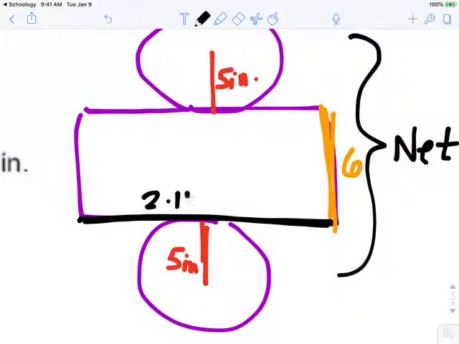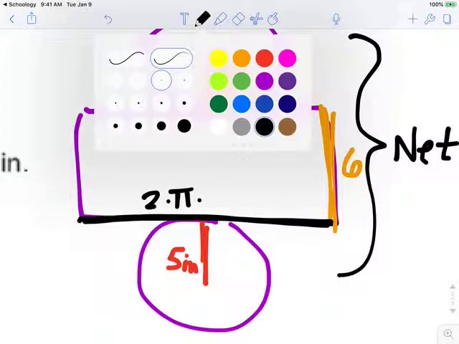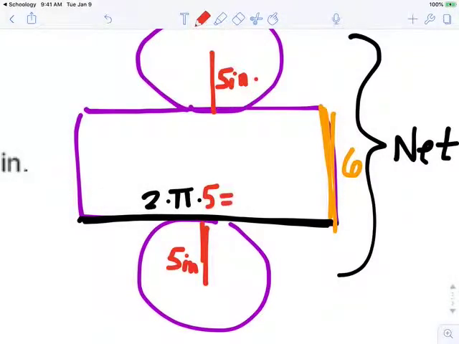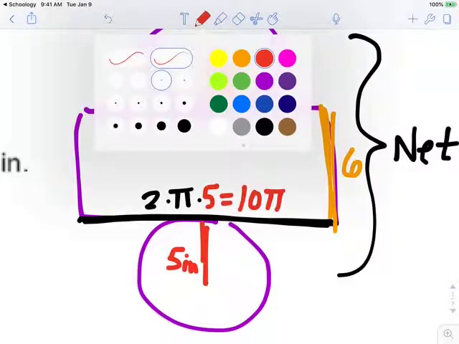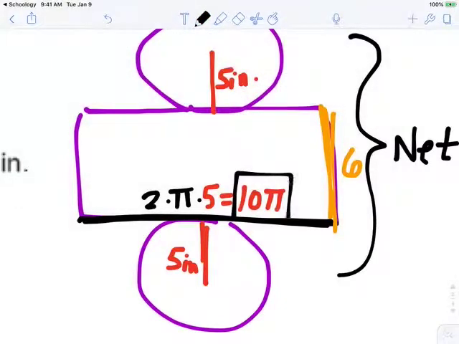So 2 times pi times r, which is radius, which is 5. And don't put this in your calculator. Just leave it as pi. How many pi's do we have? 5 times 2 is 10 pi. So the length of that rectangle is 10 pi.